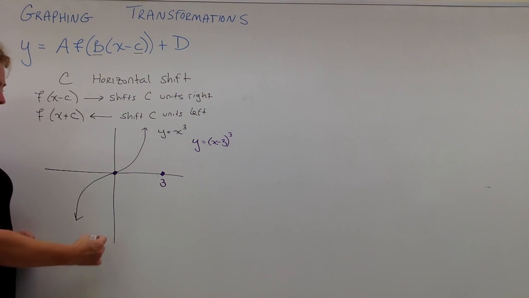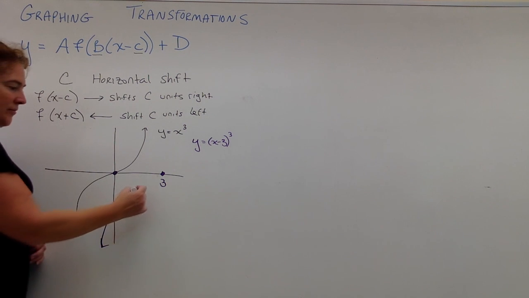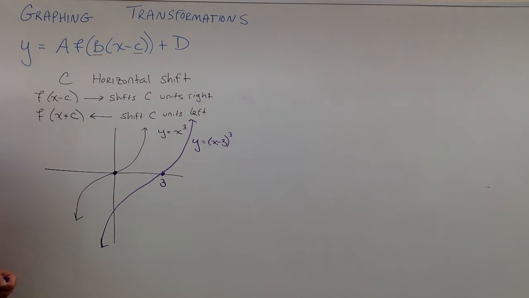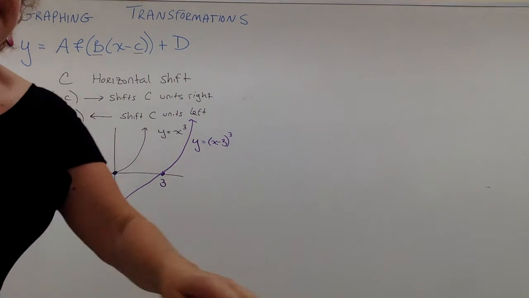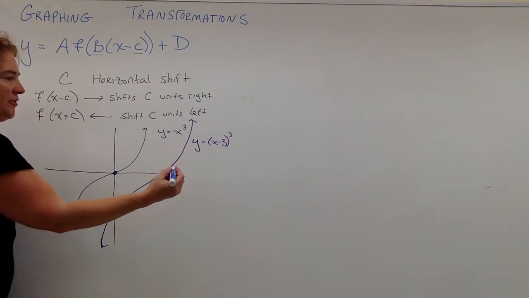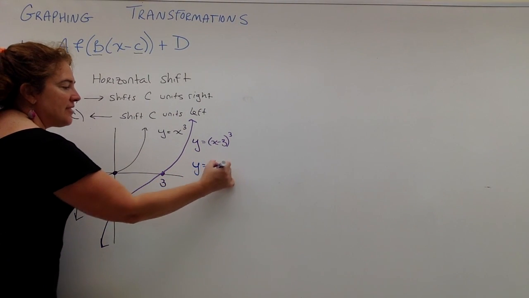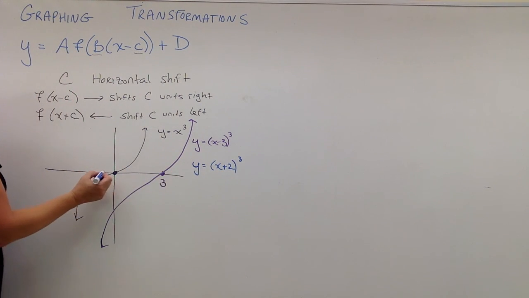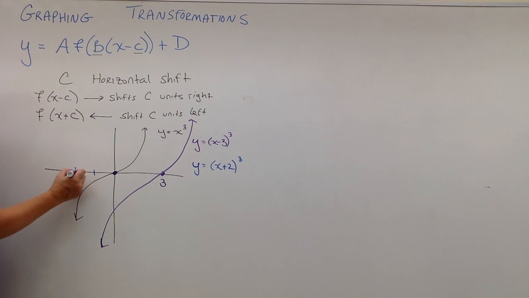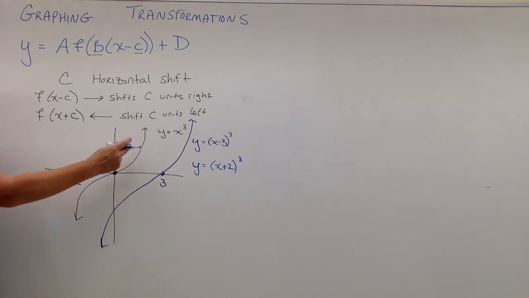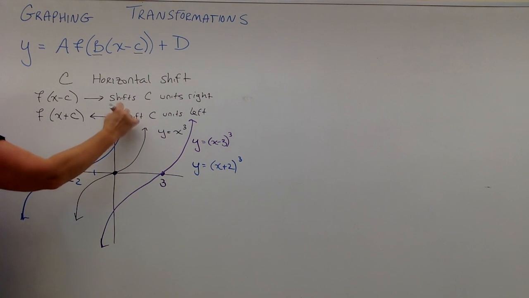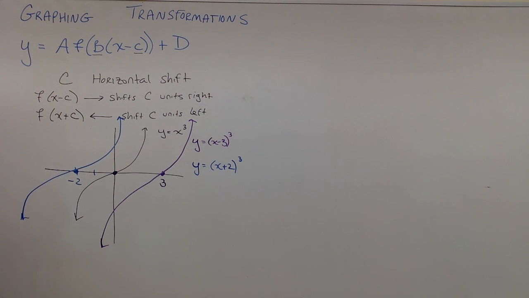And then I'm getting the same shape shifted to the right. Similarly, if I have y equals x plus 2 cubed, well, what's that doing? It's shifting the whole graph 2 units to the left. So again, the same shape shifted 2 units to the left. Doing my best to try to make them look parallel, but I'm not perfect.